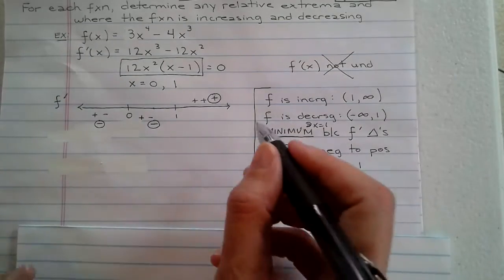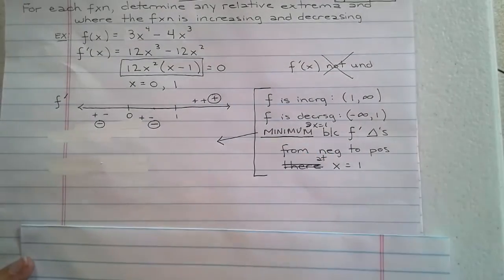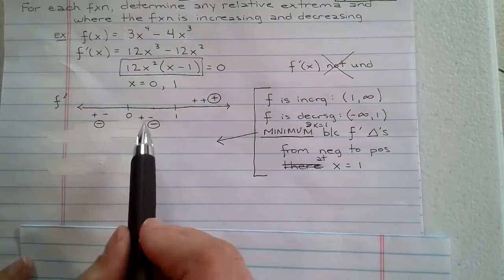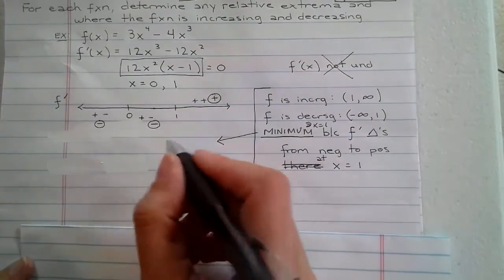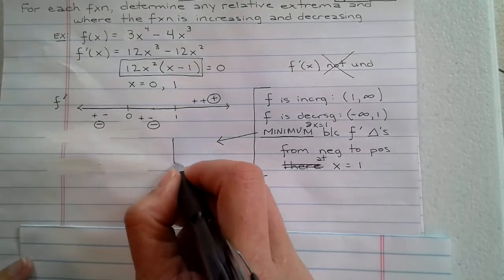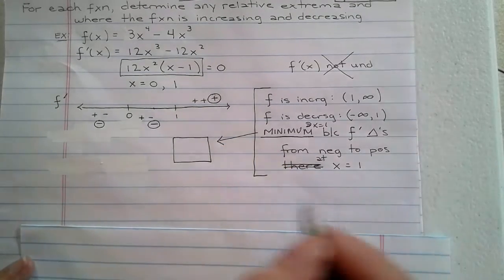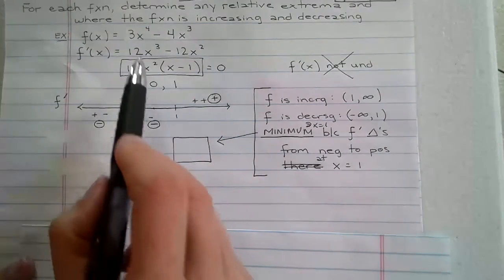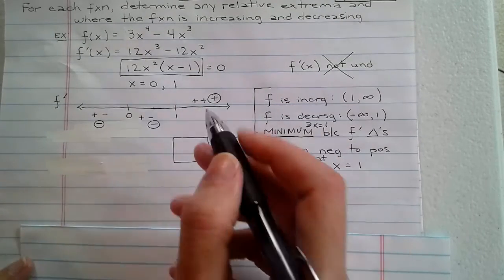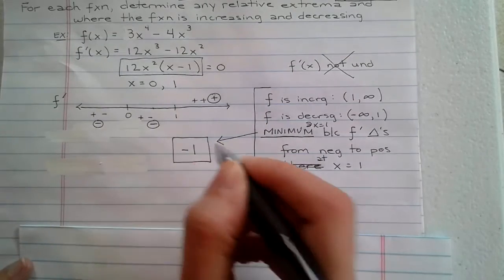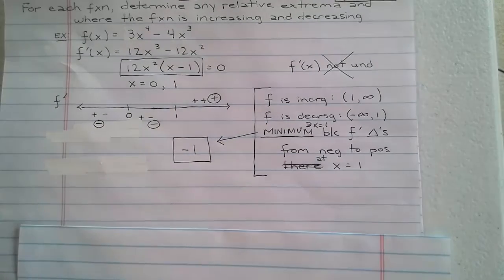So let's go ahead and write down what our minimum would be. If it occurs at x equals 1, what value would you get for your minimum? Okay, and when we plug in a 1, we're getting negative 1. So our minimum value would be negative 1.